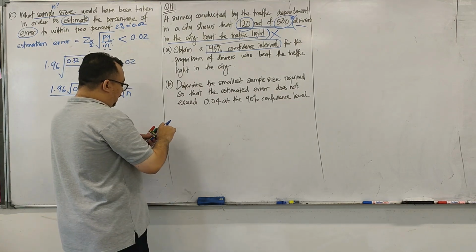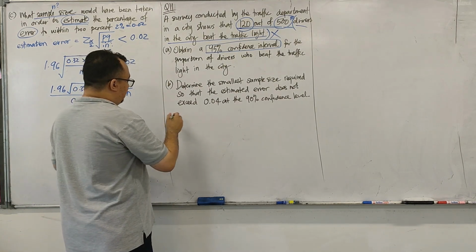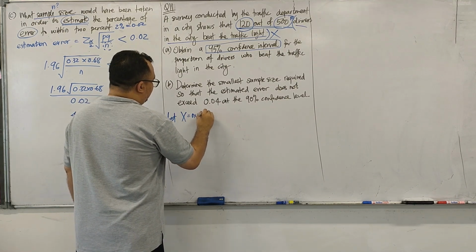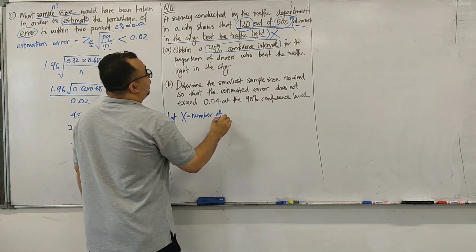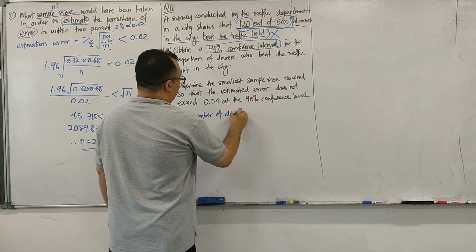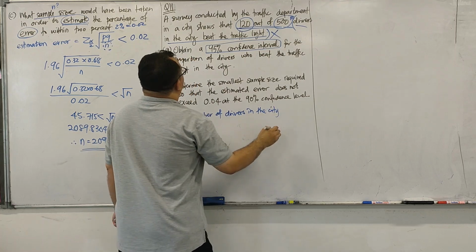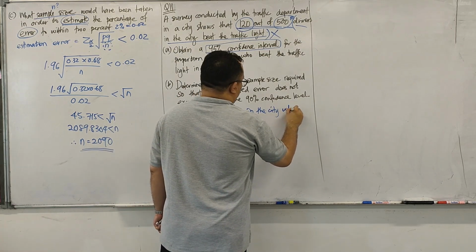So bila kita nak jawab, seperti biasa kita label dulu. X equals to number of drivers in the city who beat the traffic light.